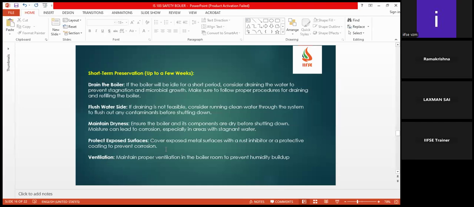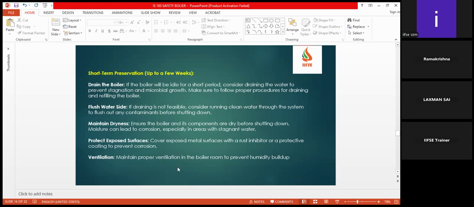And protect exposed surfaces. Cover the exposed metal surfaces with rust inhibitors or any protective coating to prevent corrosion, applying oil or paint, etc., wherever applicable to avoid rusting of the exposed surfaces.